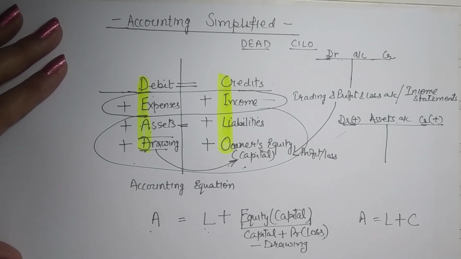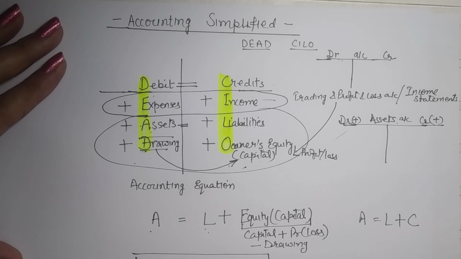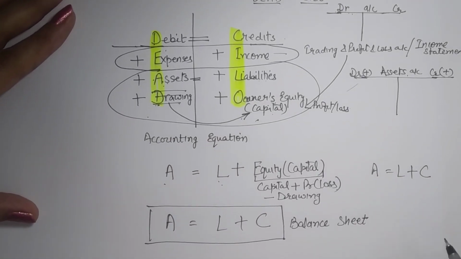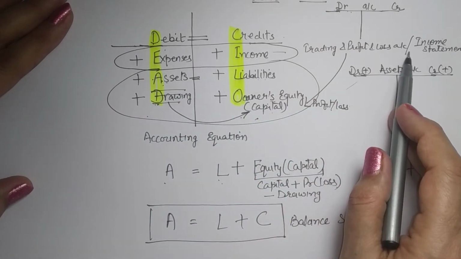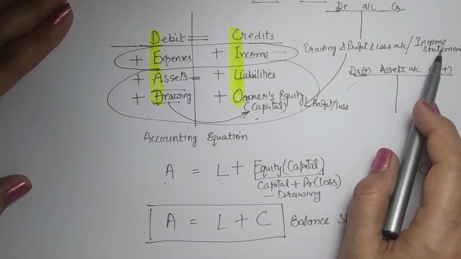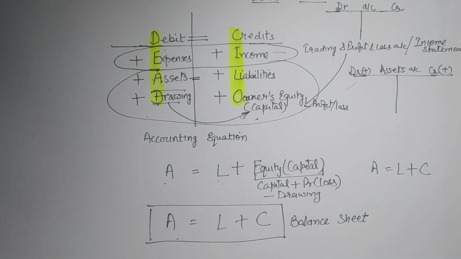This is represented through the balance sheet, which is another final statement. So at the end of the year, a business prepares two statements. Expenses and incomes are cancelled and the income statement shows us profit or loss, and the balance sheet shows this accounting equation, assets is equal to liability plus capital. This is a presentation of the balance sheet.